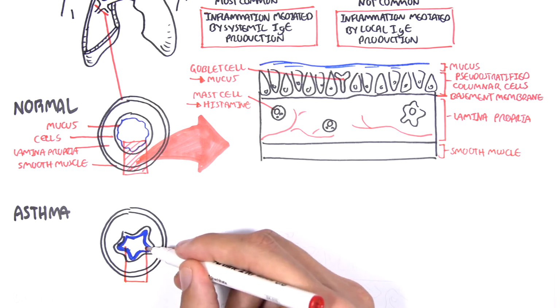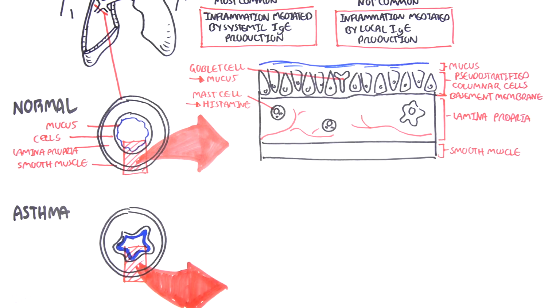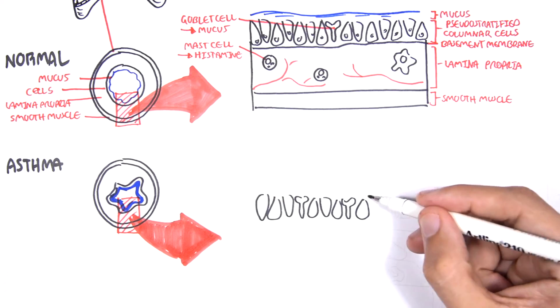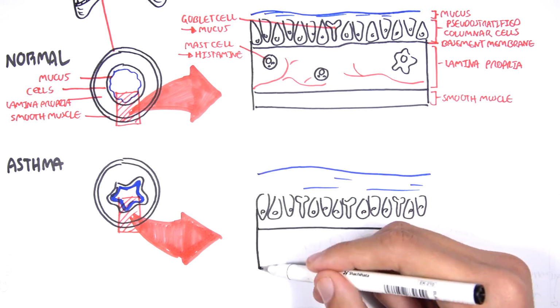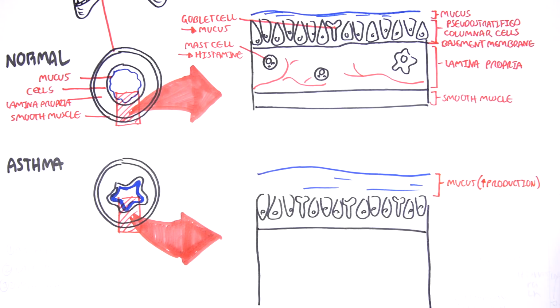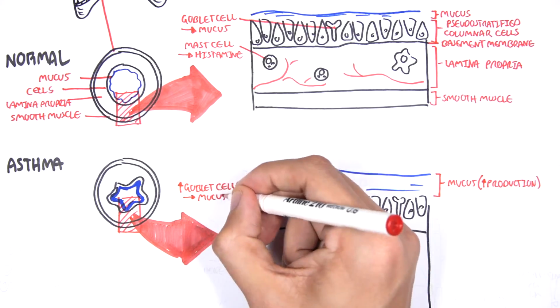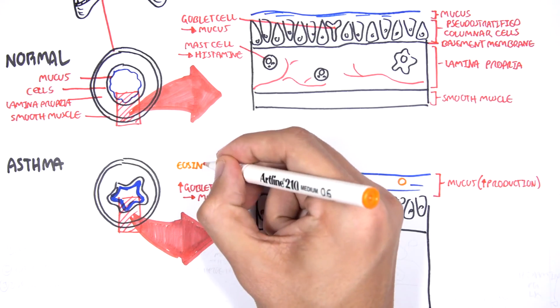Now, if we were to compare the normal bronchiole layer here to an asthmatic bronchiole layer, we can see many differences. Firstly, there is an increase in mucus production, so there is an increase as well in goblet cells. Also with this, there is an increase in eosinophils in the mucus and tissue.